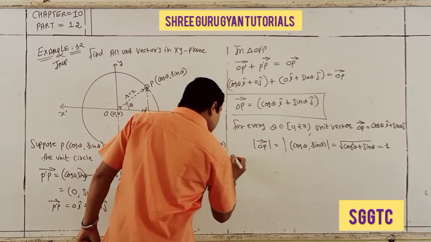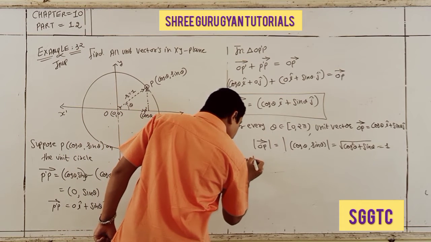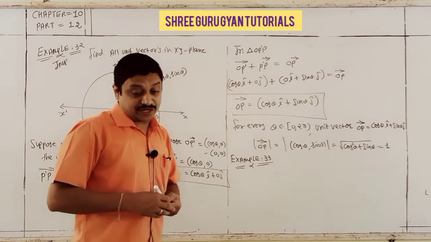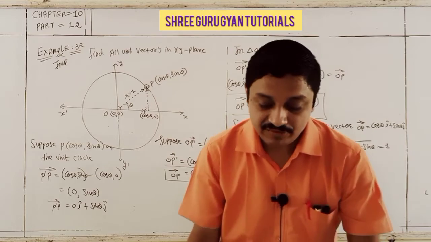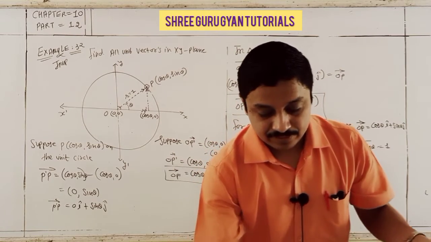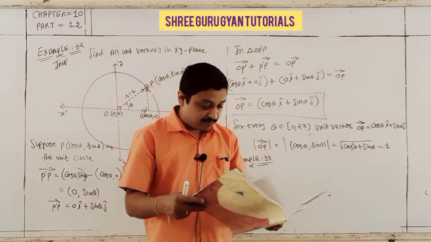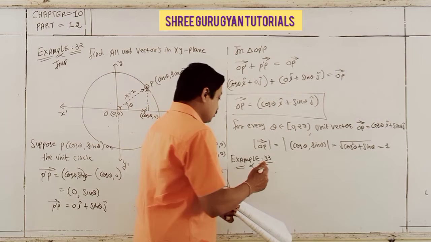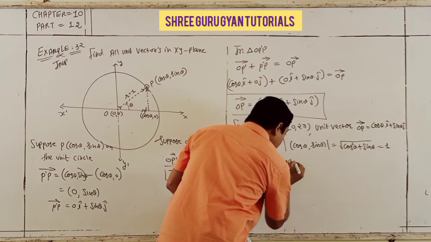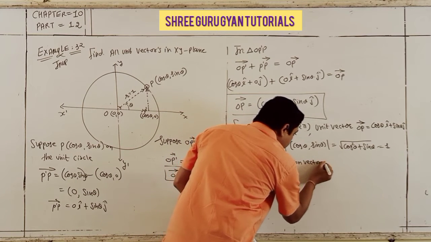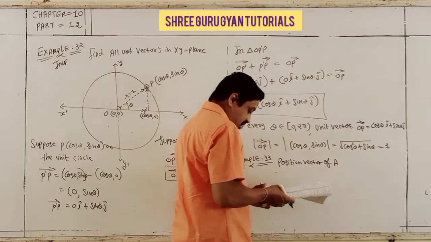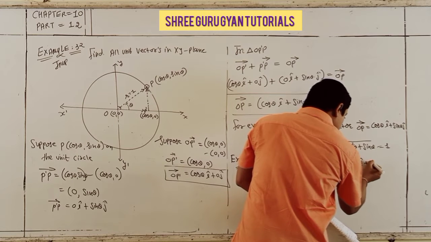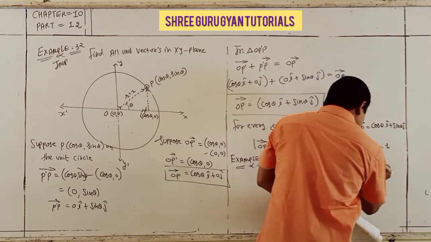Now continue, students. Example 33. Example 33 is also very easy. In the given question, A, B, C, D are position vectors, and we must find the angle between AB and CD. Position vector of A is i plus j plus k.